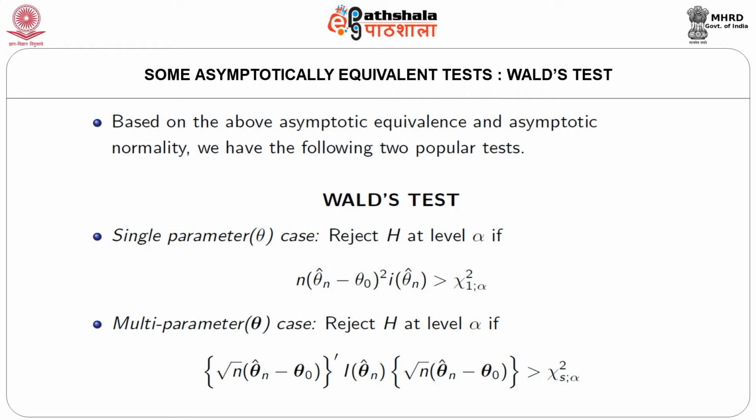Here theta is a real valued parameter, and we will reject the null hypothesis H, which says that theta equals theta naught, at level alpha if n times theta n hat minus theta naught square times I theta n hat is greater than chi square 1 alpha, where chi square 1 alpha denotes the upper 100 into alpha percent point of a chi square distribution with 1 degree of freedom.